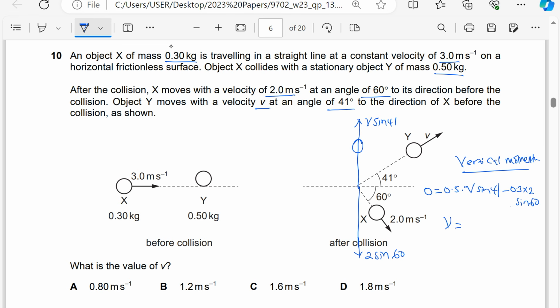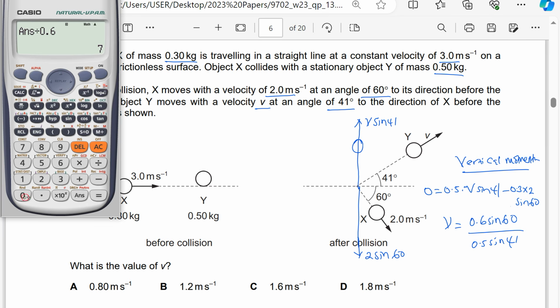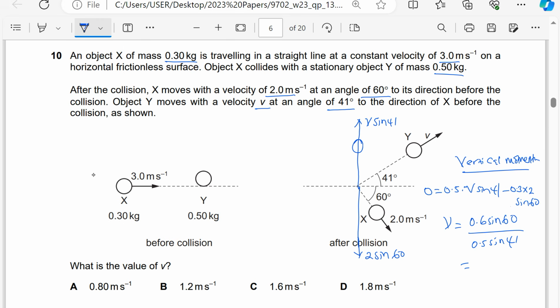Making V the subject, V is equal to 0.6 sine of 60 divided by 0.5 sine of 41. I'll just press my calculator: 0.6 sine of 60 divided by 0.5 sine of 41. So that is 1.6. So V is 1.6 meters per second. So the answer is C.